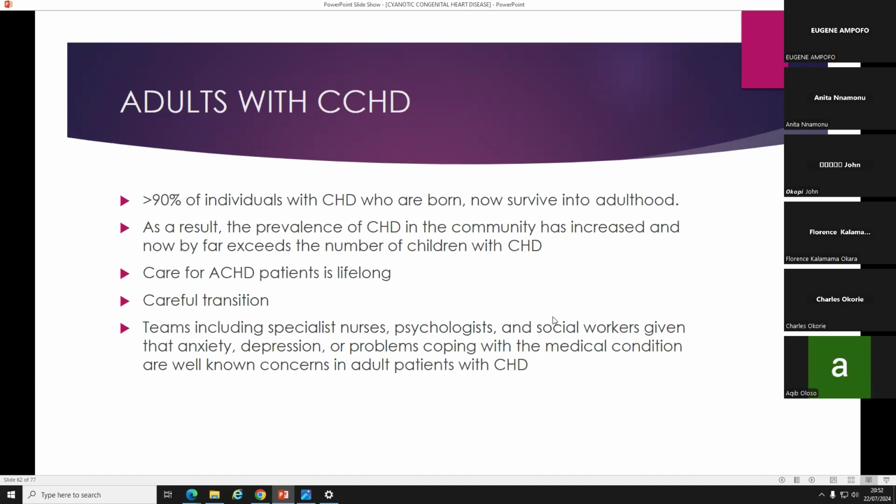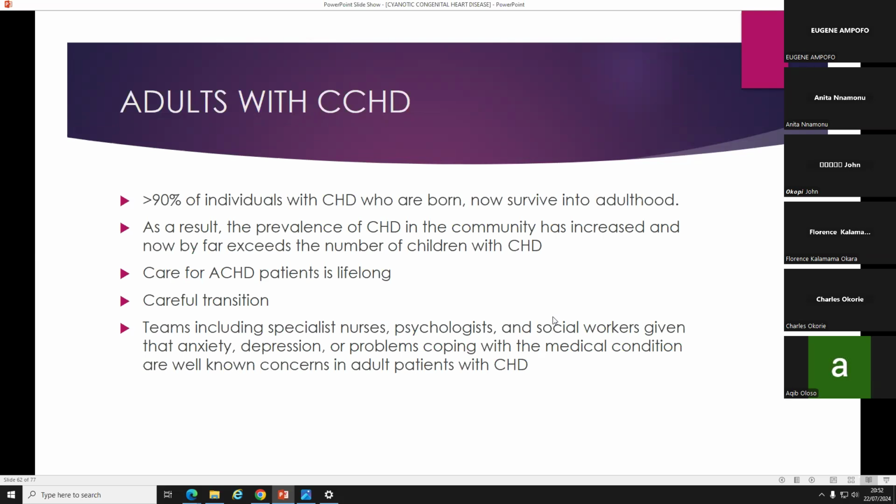As a result, we are seeing more of them in clinics. One thing to remember, or a few things to remember, is that care for patients with congenital heart disease is a lifelong thing. They require lifelong follow-up. There's never a time when you repair and you just discharge. They do require lifelong follow-up because complications can develop at any time.